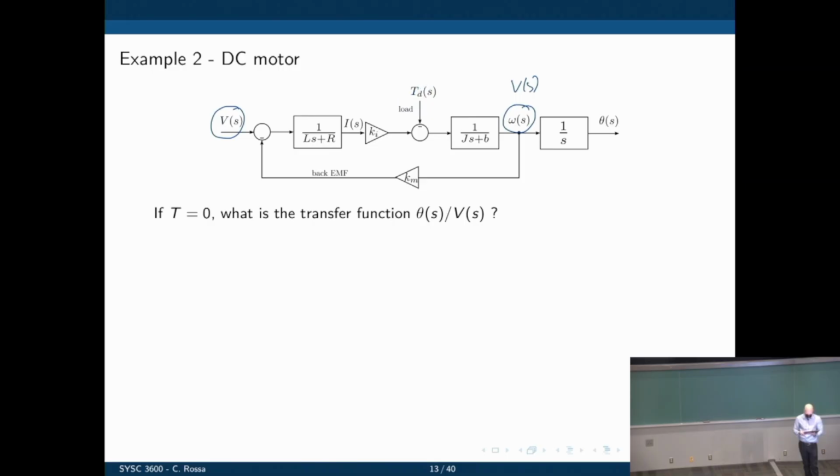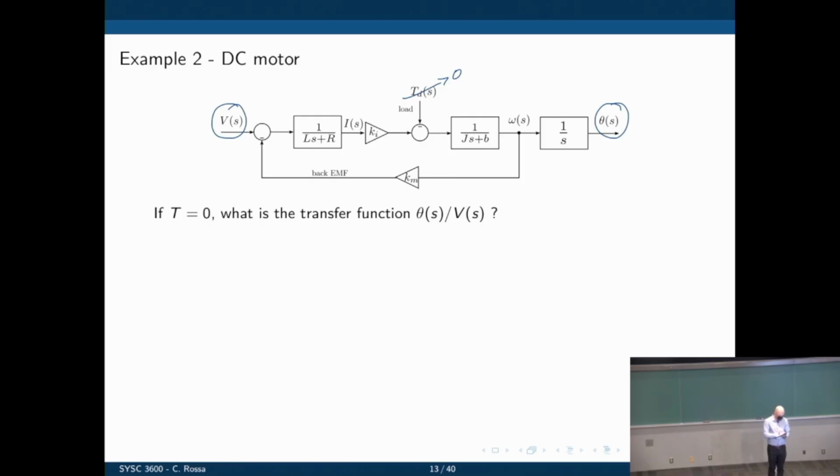Actually, I read it wrong. The transfer function that you're looking for is the position divided by the input voltage. Okay, for t equals 0. How do we do that? First step would be, if t is 0, what can we do first?